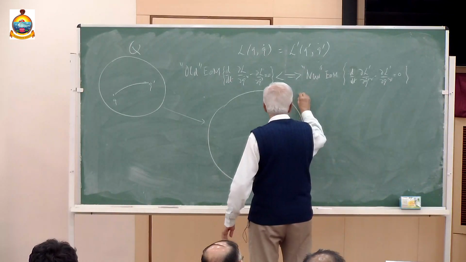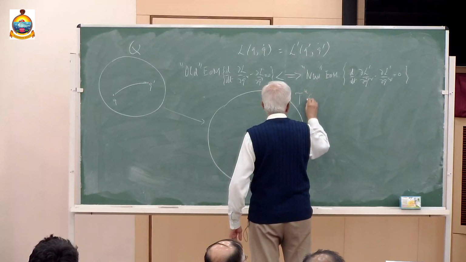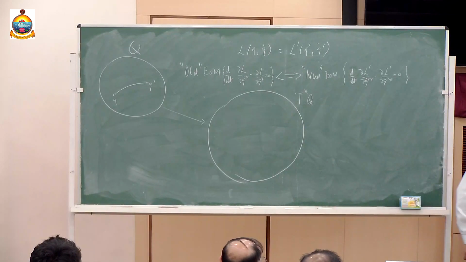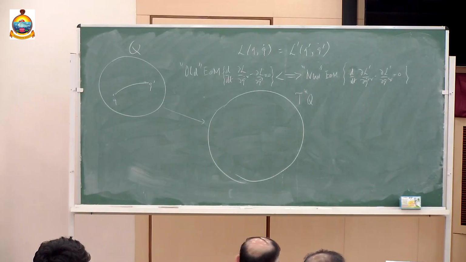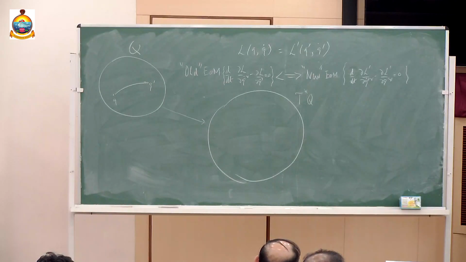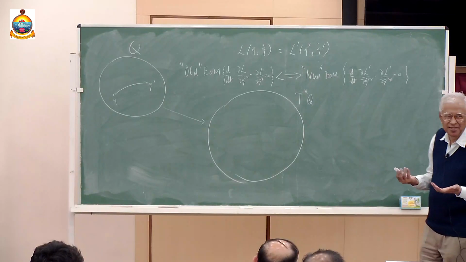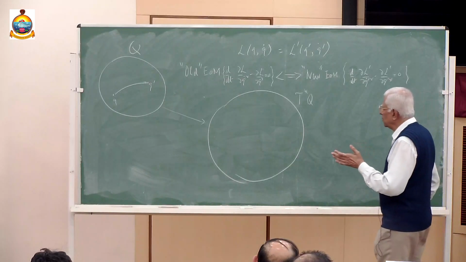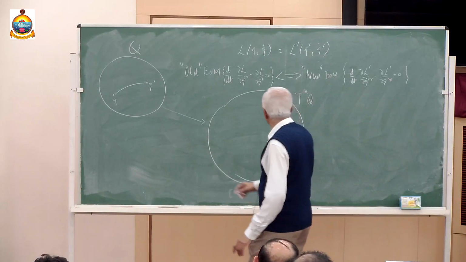But today's mathematical machinery calls it the cotangent bundle of the configuration space. I will not go into the details of this mathematical development. It's very, very beautiful, and at some stage you should learn it. After all, we are in the 21st century. I must bring it in. But I just want to make a passing comment and then continue.